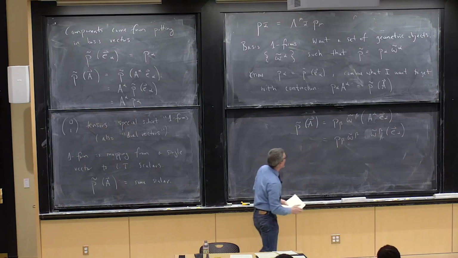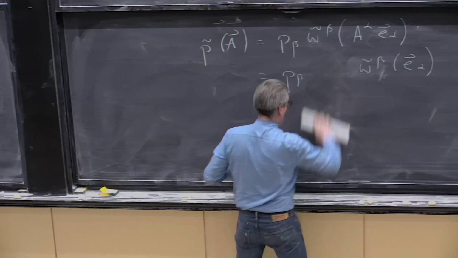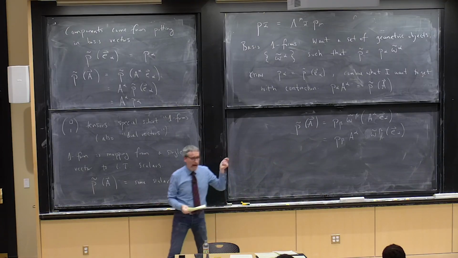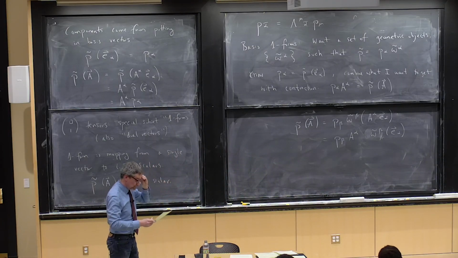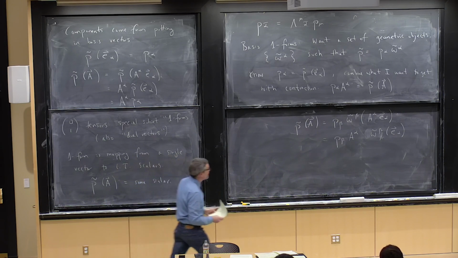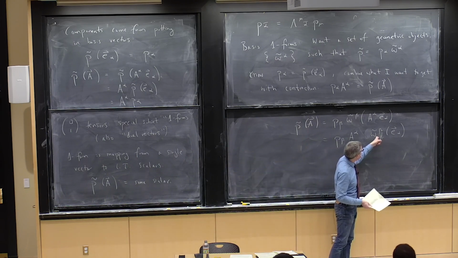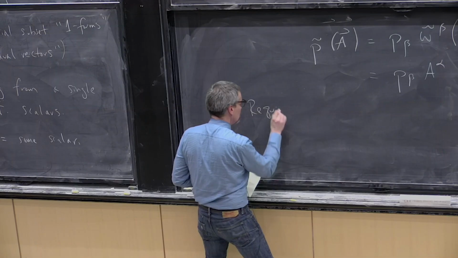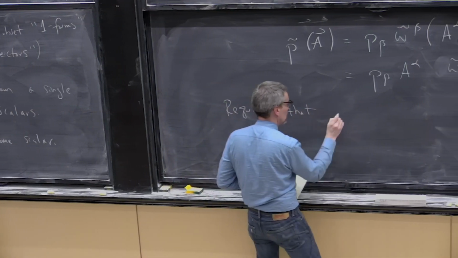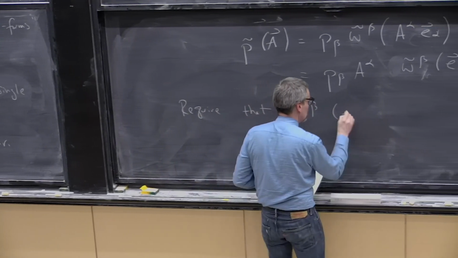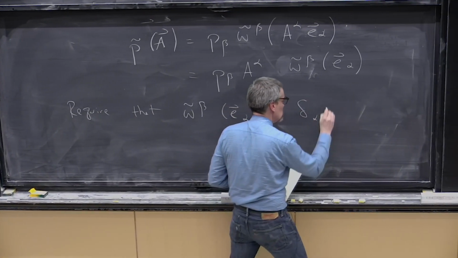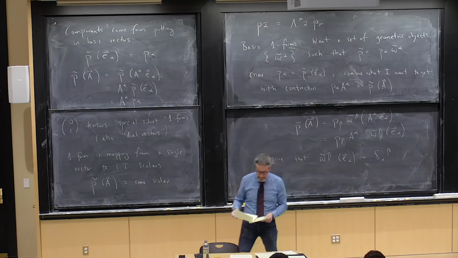I can then use the linearity of the tensor nature to pull out that component of A. So what this tells me is this is exactly what I want, provided whatever this geometric object is, it obeys the rule that when I plug basis vectors into it, I get the Kronecker delta back.